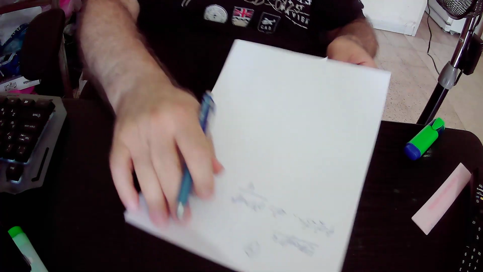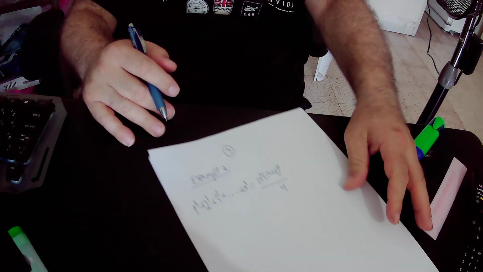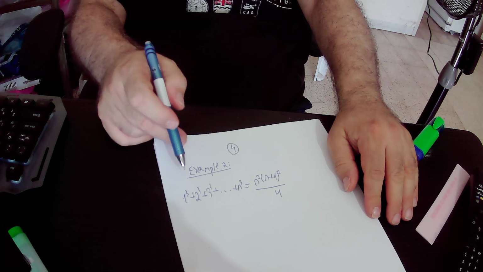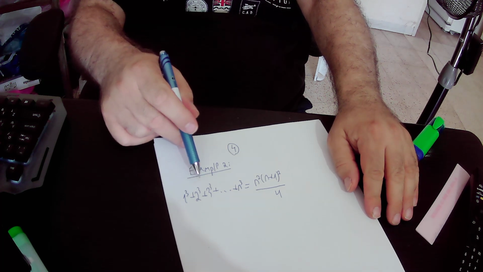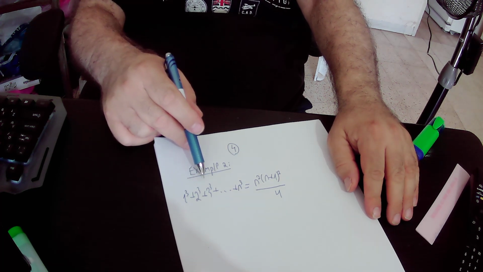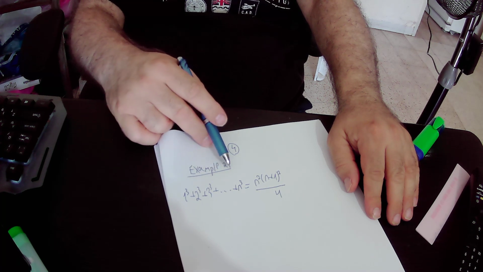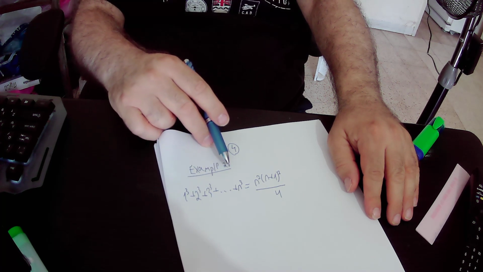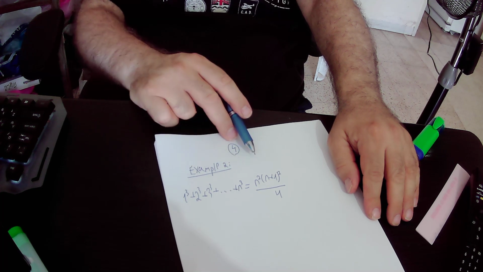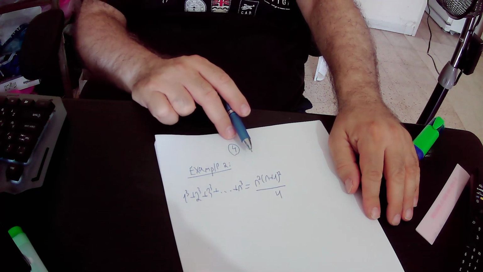So we must prove that this statement, 1 to the power of 3 plus 2 to the power of 3 plus 3 to the power of 3 plus n to the power of 3 equals n squared times n plus 1 squared all divided by 4.